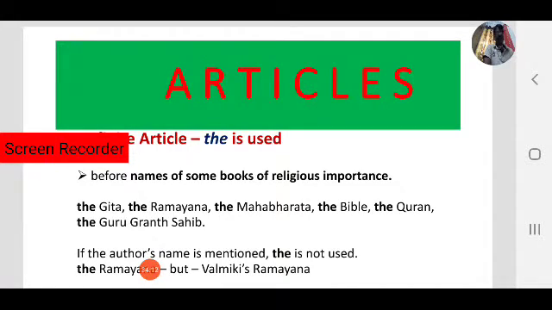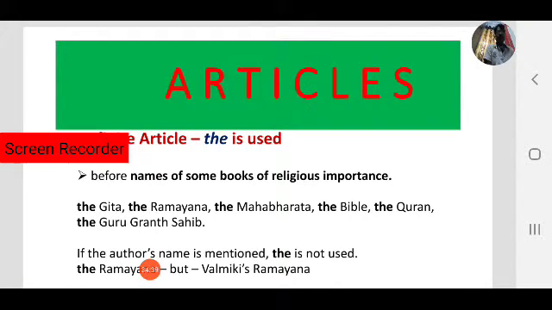The Ramayana, the Mahabharata, the Bible, the Quran, the Guru Granth Sahib, like that. So before the names of some books of religious importance, we use the definite article the.